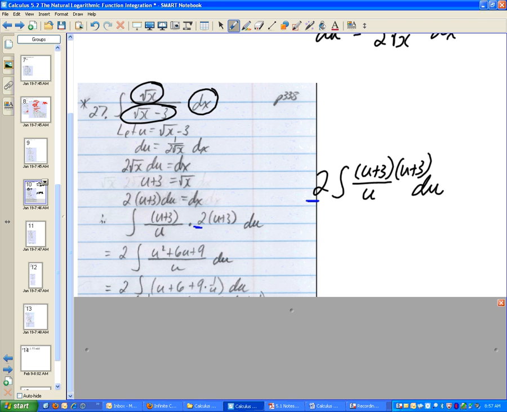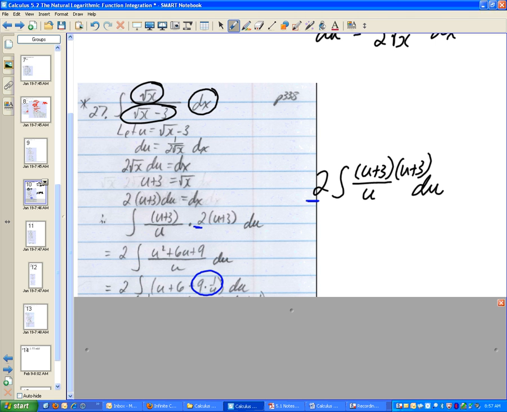Destroy. U squared divided by u is u. 6u divided by u is 6. And 9 divided by u is either 9 divided by u, or if you want to get a head start on how you're actually going to integrate that, 9 times 1 over u. 9 over u is fine. Still got the du at the end.